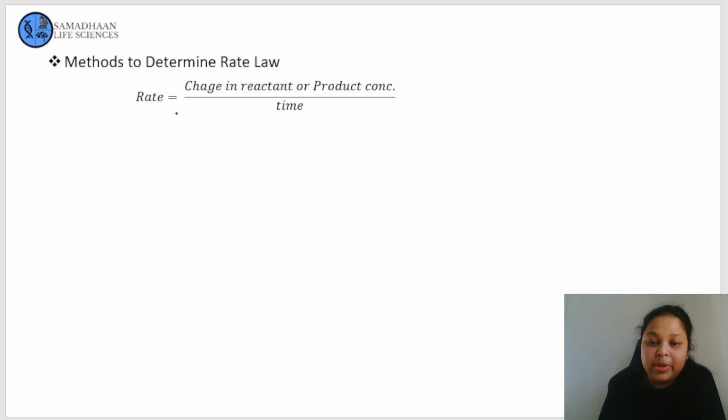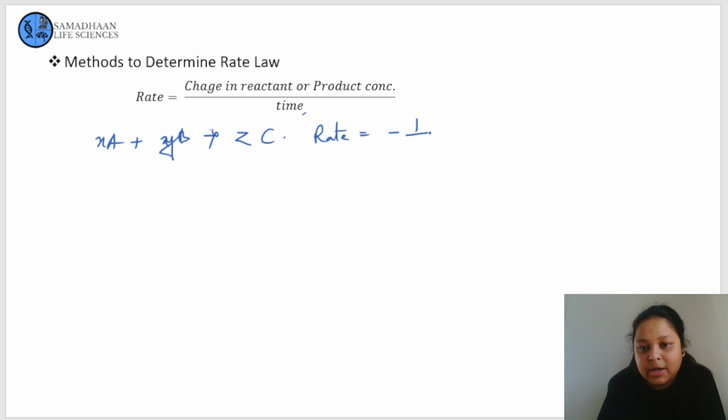Now we can represent this rate in a different way. The rate can be equal to change in reactant or product concentration with change in time. So for this general reaction A plus B to C, I can write the rate is equal to minus 1 by x, d of concentration of A by dt.